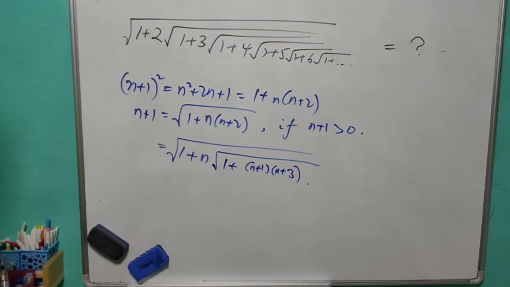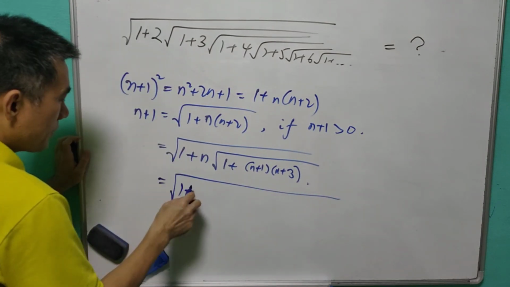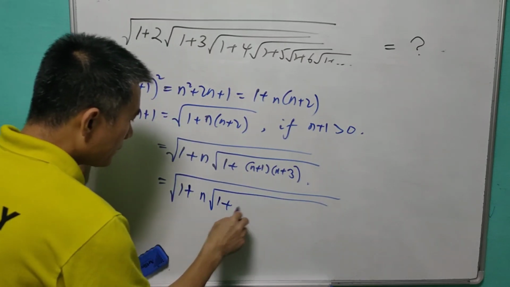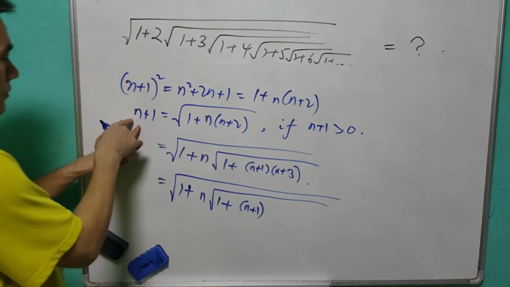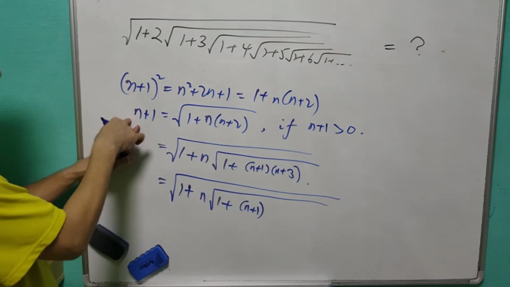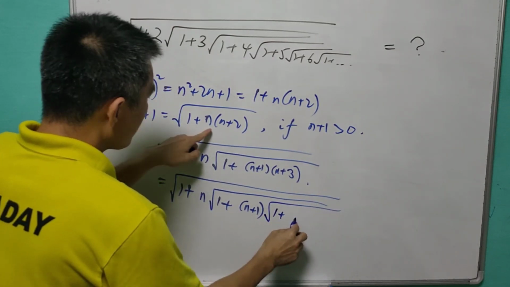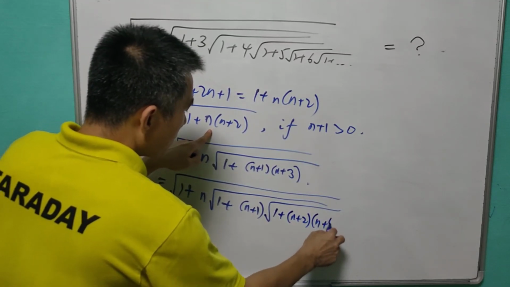After this, we copy down the square root of 1 plus n, square root of 1 plus n+1. And for n+3, we keep using this formula again and letting n now become n+2. So this will be equal to the square root of 1 plus (n+2)(n+4).